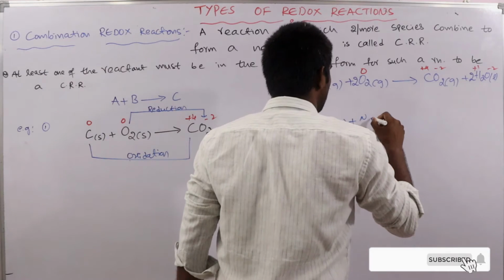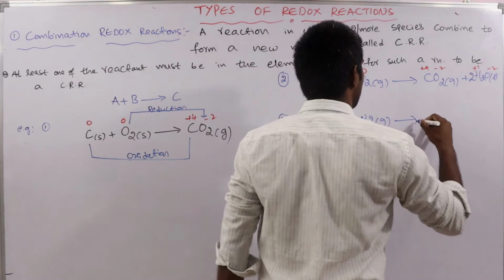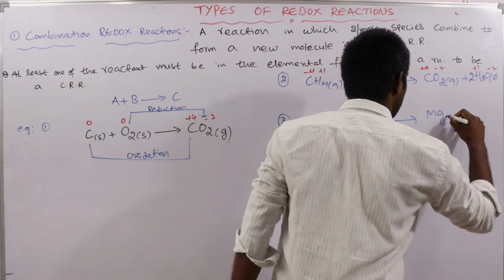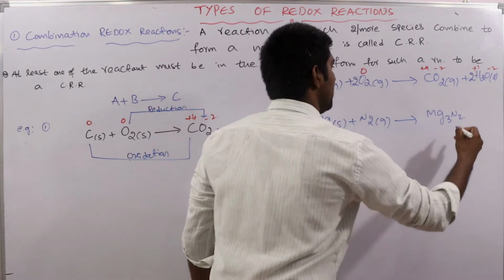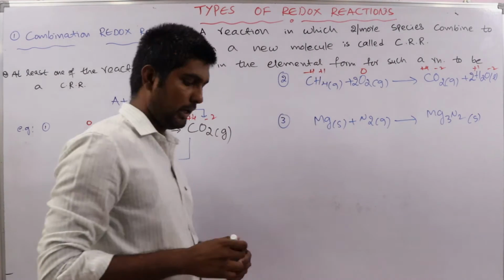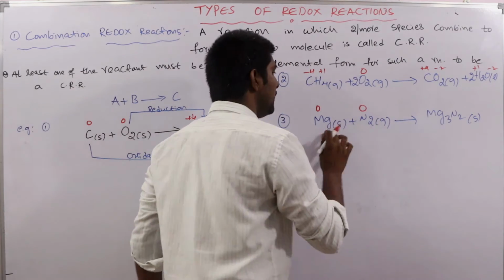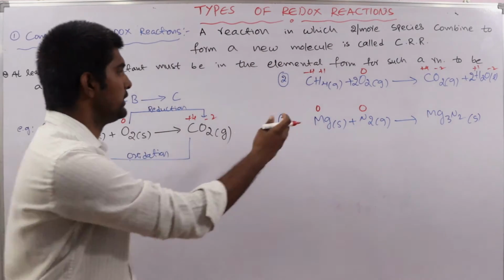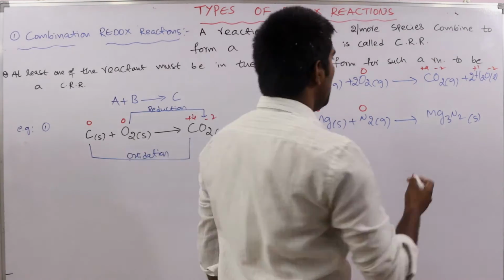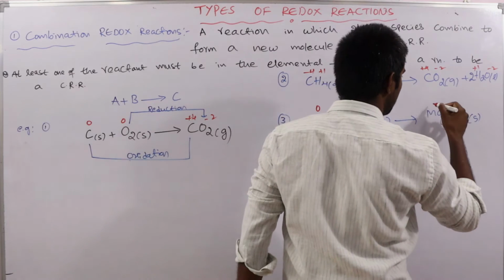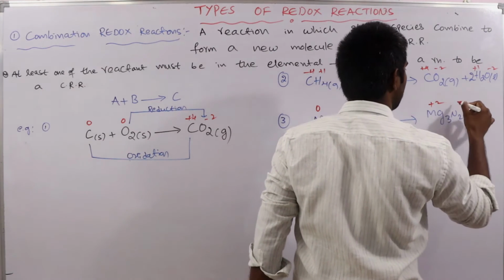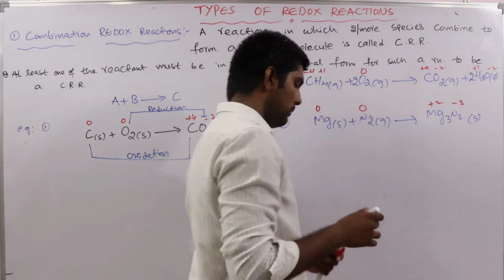If you take one more example here, magnesium, when reacted with nitrogen, we get magnesium nitride. See here, magnesium and nitrogen both are in the elemental form, so that's why their oxidation state is 0. And here magnesium oxidation state is +2 and nitrogen oxidation state is -3.